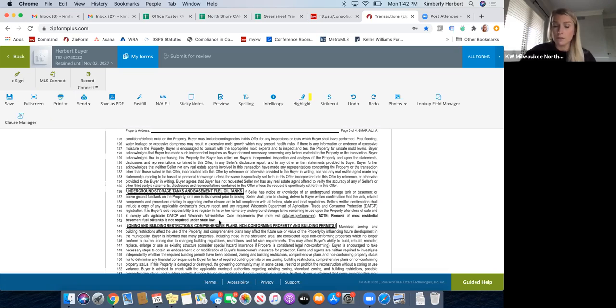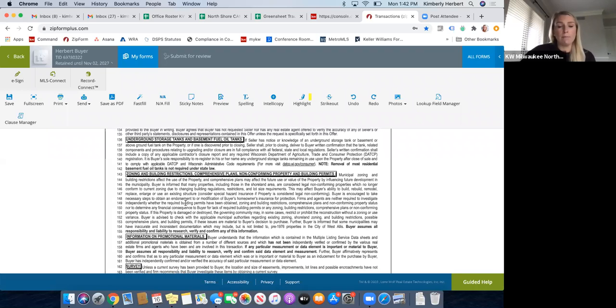I believe this is also a disclosure in the real estate condition report that seller is definitely obligated to disclose if there is an underground storage tank, especially if there is one currently in use. And so it just states if seller has notice or knowledge of an underground storage tank, or if one is discovered prior to closing, it's the seller's responsibility to deliver to buyer confirmation that the tank, related components, and or closure are in full compliance with all federal, state, and local regulations.